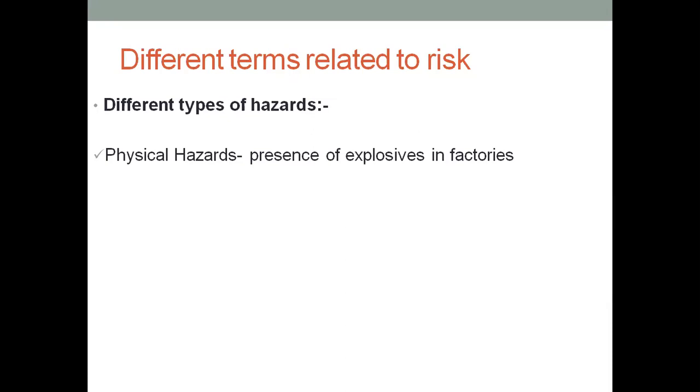Now, for example, the presence of explosives in a factory. If there were no explosives in a factory and there is a fire, whatever will be the amount of loss will get accelerated due to the presence of explosives. So the presence of explosives becomes a physical hazard.